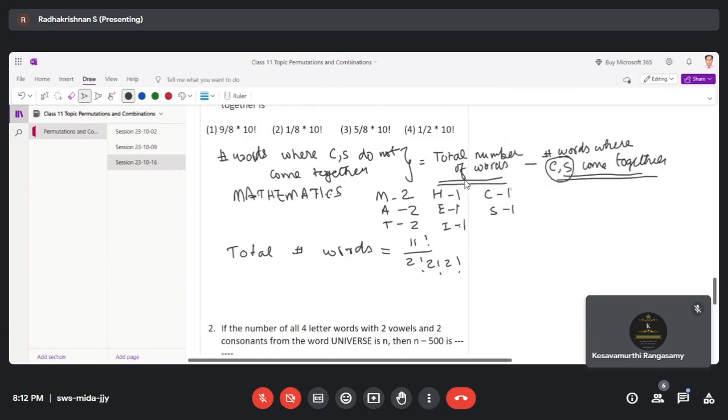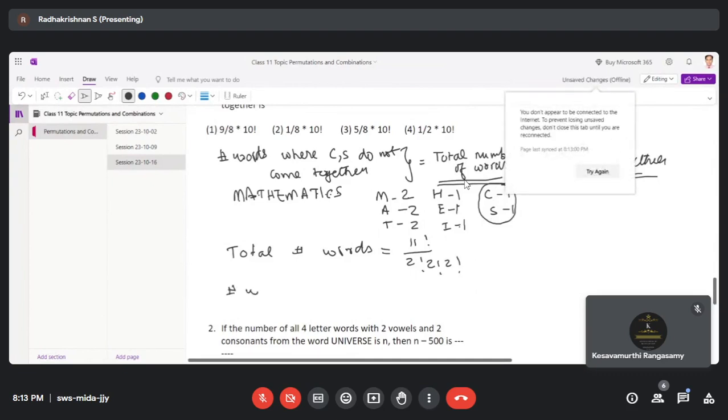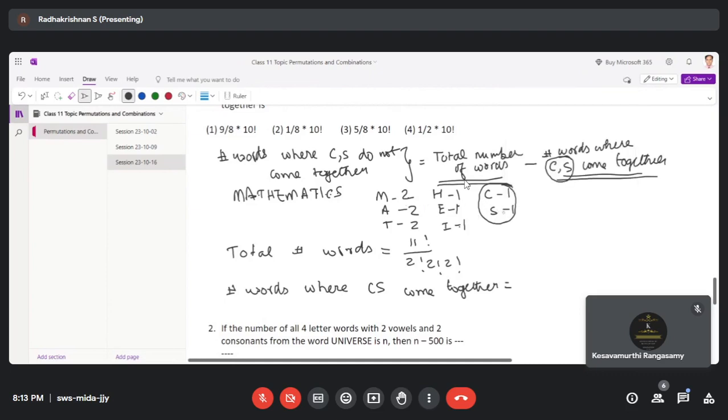If we take C and S as one unit, we have to take C and S as just one letter, right? If we take C and S as one letter, then how many words are there? That means instead of 11 letters, there are only 10 letters.